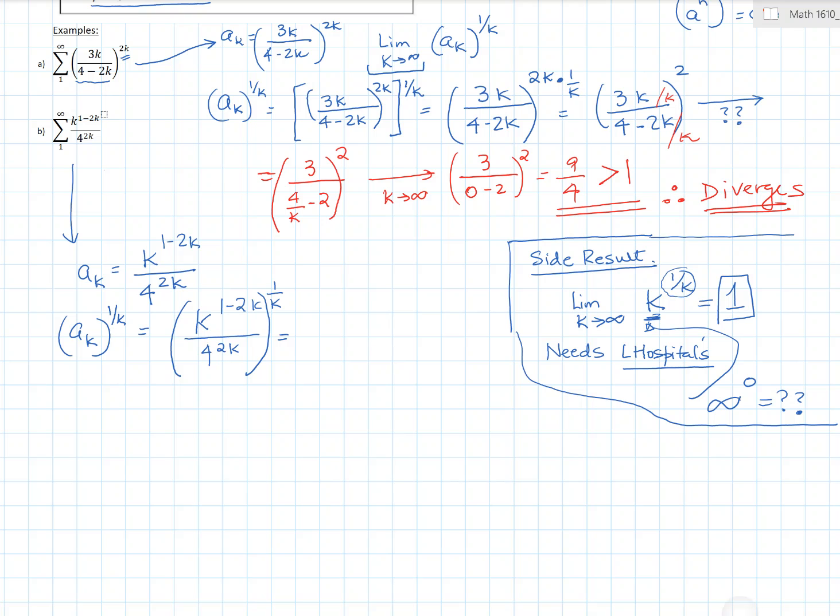From your rules of exponents, if you have a over b raised to the power n, then a gets n and b also gets n. That's exactly what I'm going to do here. The numerator k raised to the power 1 minus 2k gets 1 over k, and the denominator also gets 1 over k.